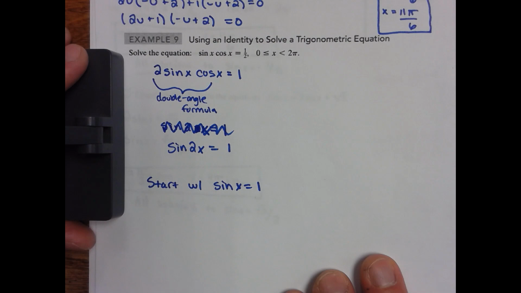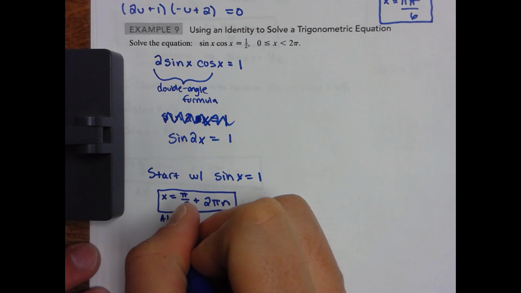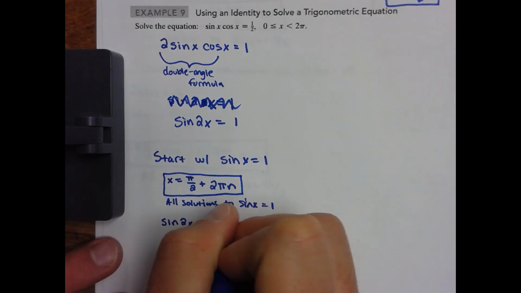And so where do we get sine of x to equal 1? The y coordinate is 1 only at one place, right? At pi over 2. And then if we include the period of 2 pi n, we'll get back to that same y value of 1. So remember that this represents all solutions to sine of x equal to 1.